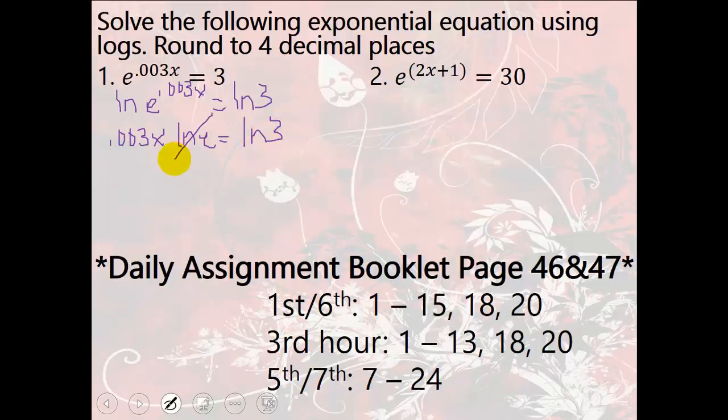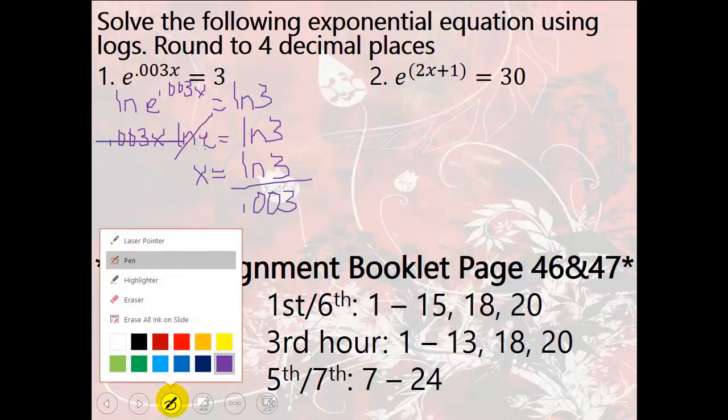This becomes 1. So now I have x equals ln of 3 over 0.003. ln of e, natural log base e, of the input e equals 1. Okay? So it's just going to be 0.003x times 1.